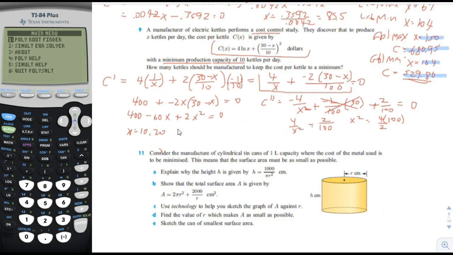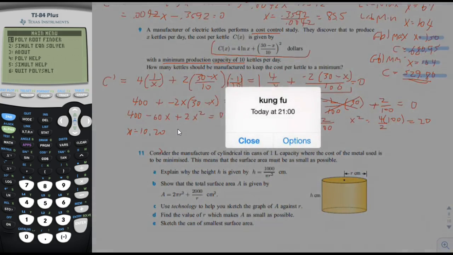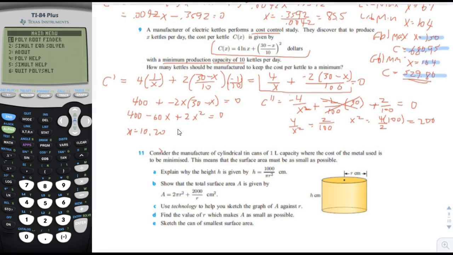X squared equals, okay, so that's 400 divided by 2, which is 200. And so x is equal to 10 square root of 2. Okay. Which is about 14.1, something like that.